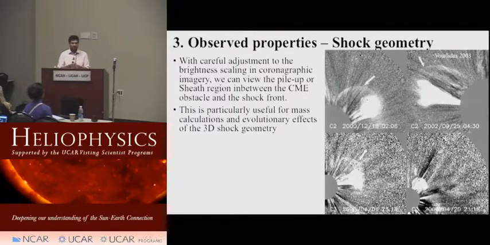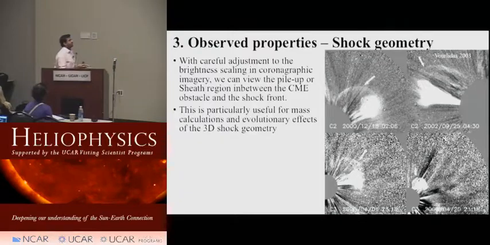It's now commonly accepted that you can see shocks, or rather the compressed plasma behind the shock, in these coronagraphic images, but it wasn't initially well accepted. And this is, again, about being adept at manipulating images.